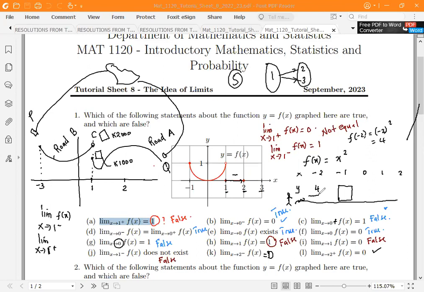If you are moving from this side, forget about the direction of that drawing, you say you're moving from the right side of the house.